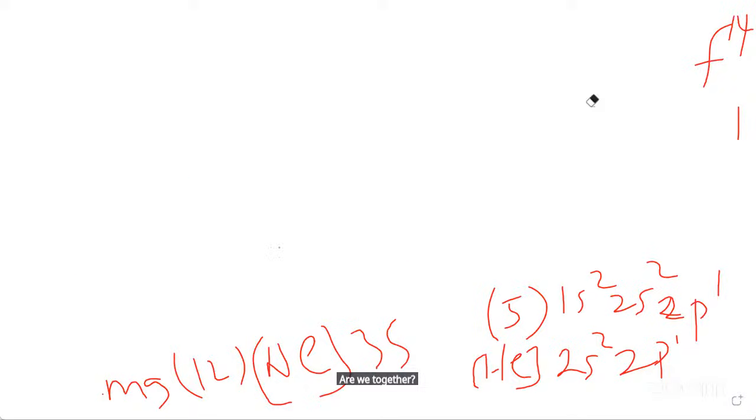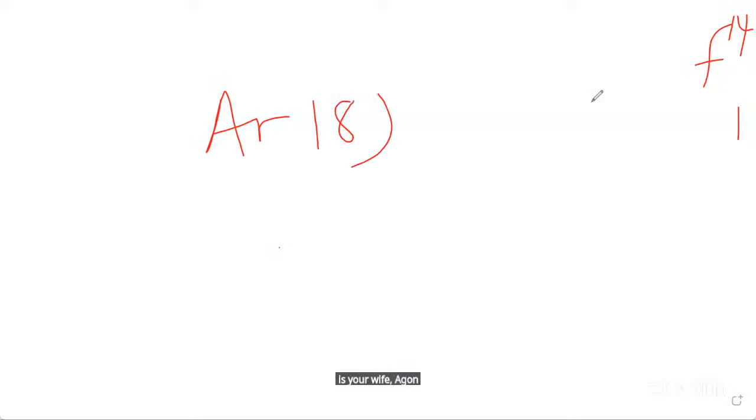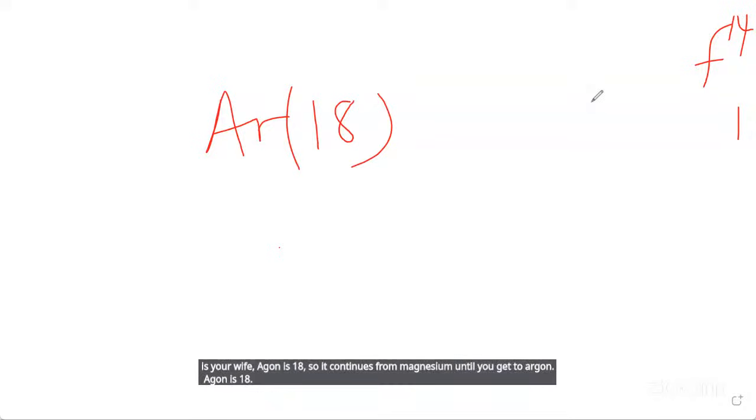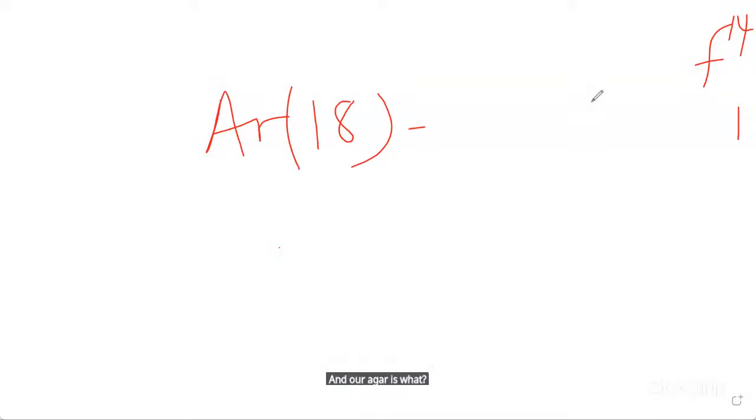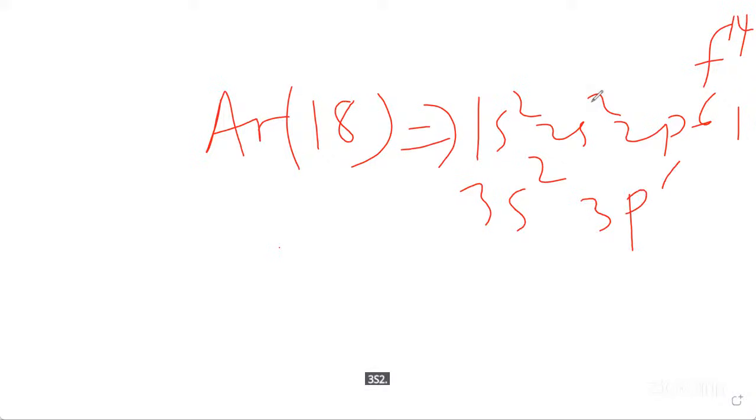Till we get to argon. That is where we have another. Argon is 18. So you continue from magnesium until you get to argon. And our argon is 1s2, 2s2, 2p6, 3s2, 3p6. That is our argon.